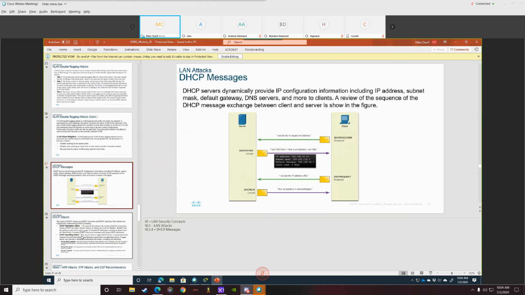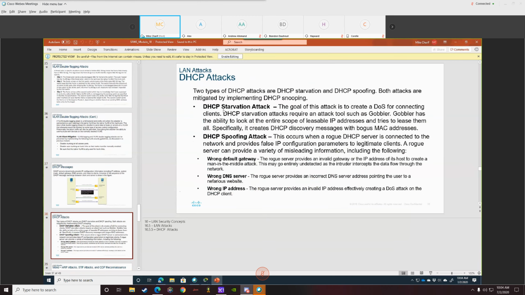The attackers send a starvation attack. The goal is to take all the available IP addresses from the pool.